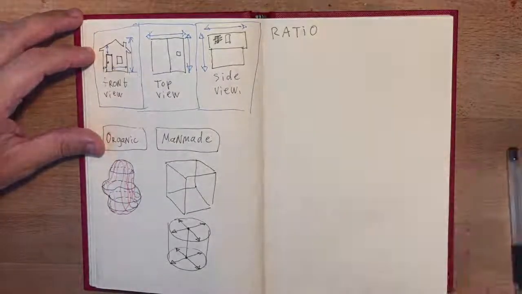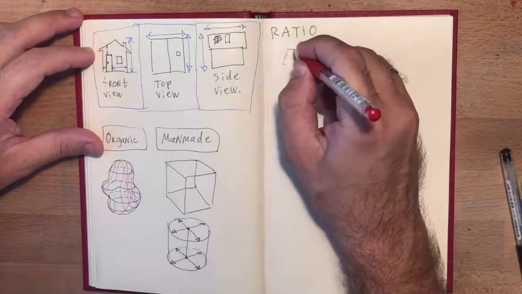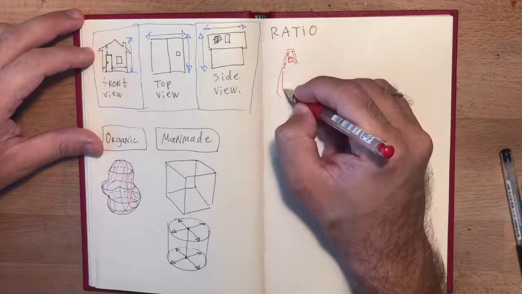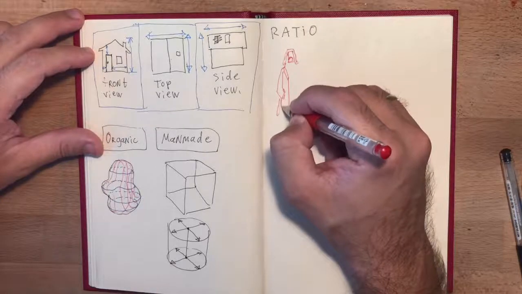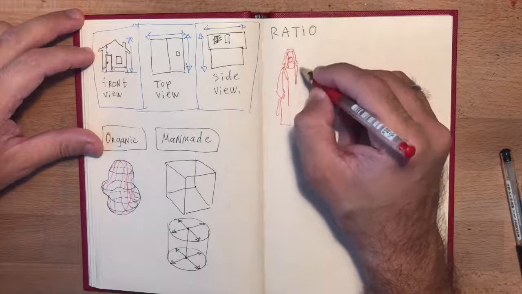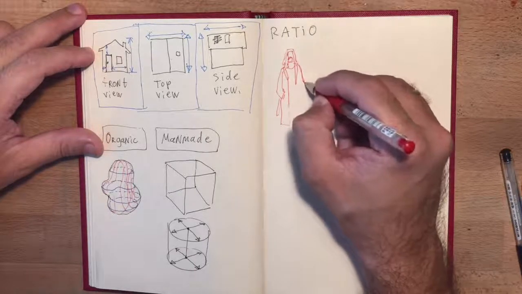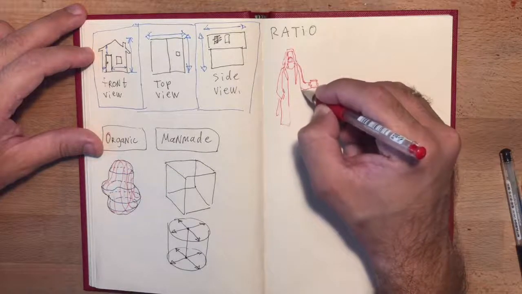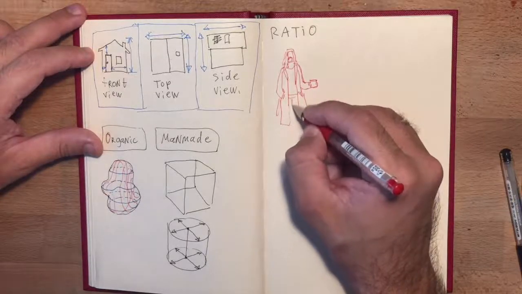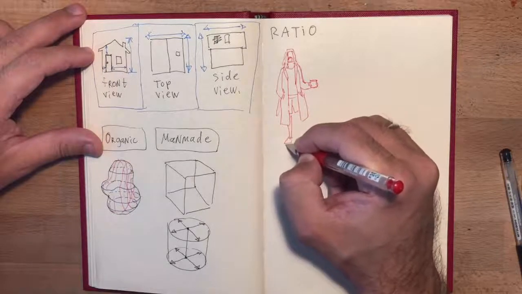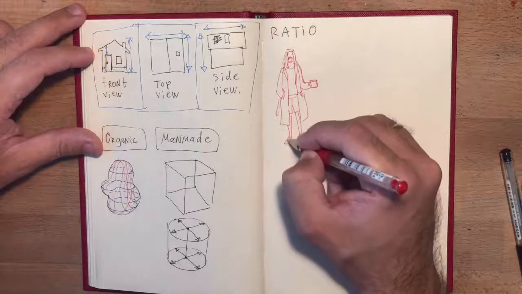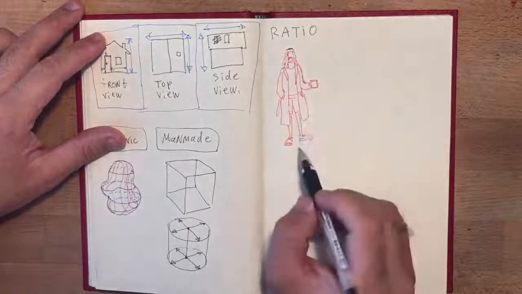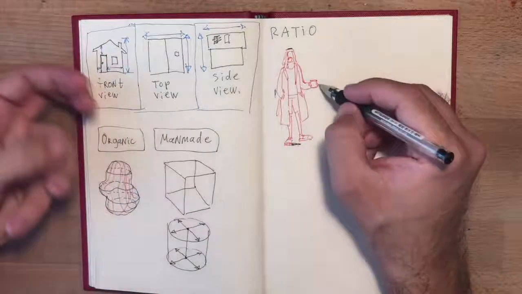So let's say again, if we have a dude here, he has a top, a bottom, and kind of a most left and most right side.